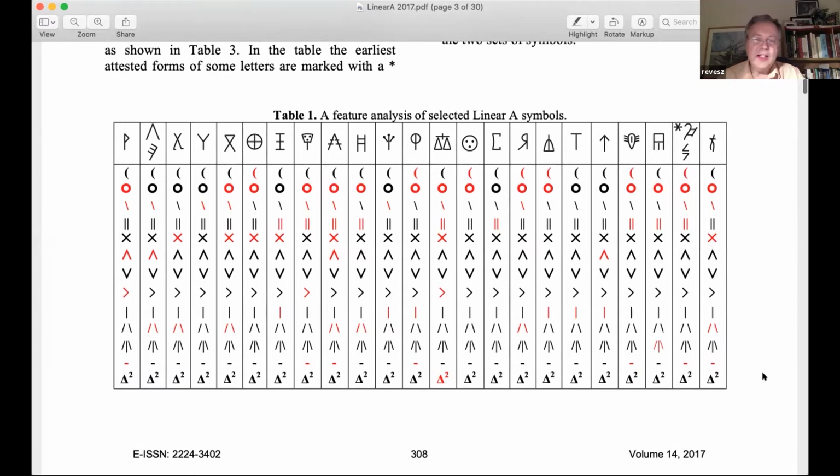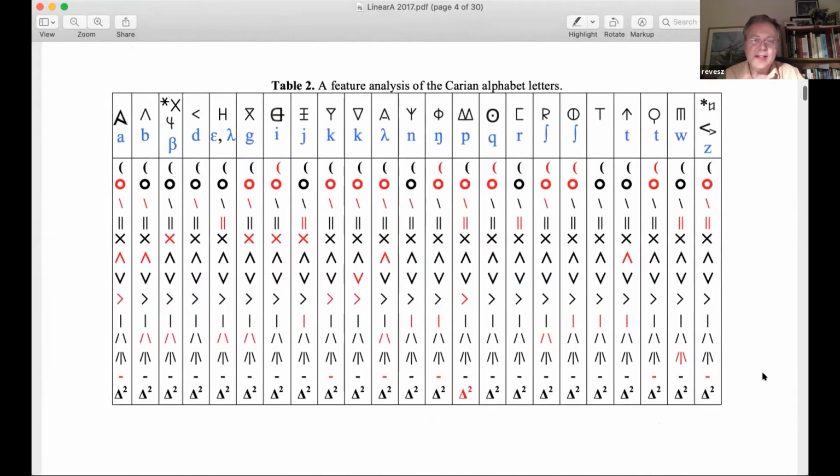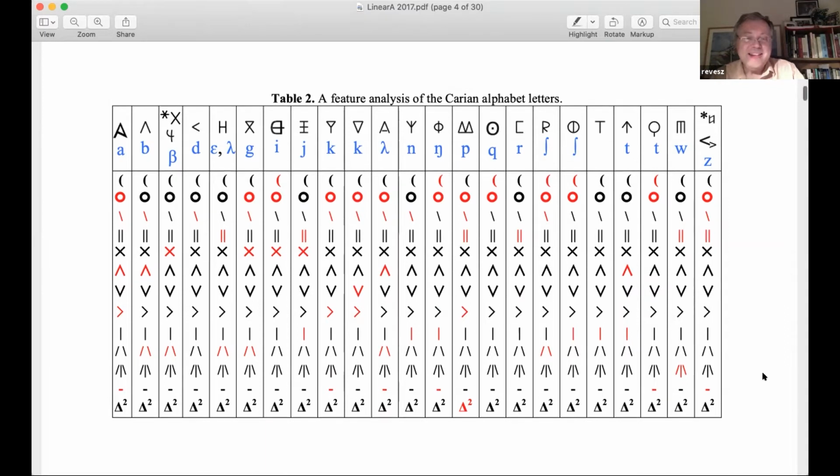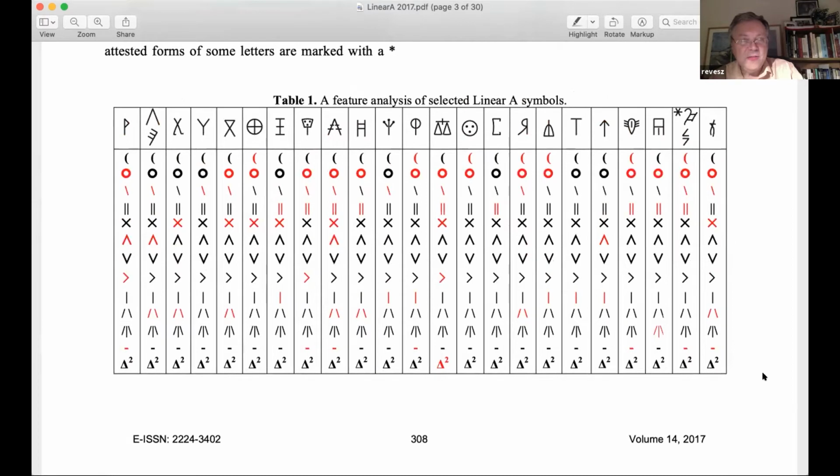Because the Linear script has developed into the Carian script, whose attested writings are known from 800 BC, whereas Linear A supposedly ended around 1450 BC, although Linear B is a clear continuation of the symbols with different phonetic values.